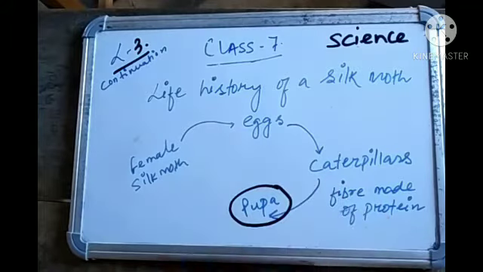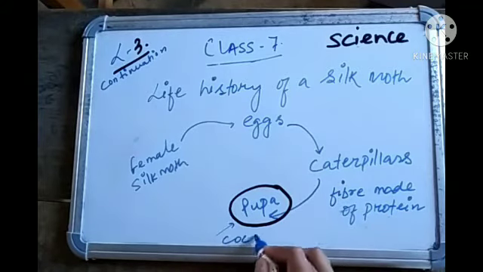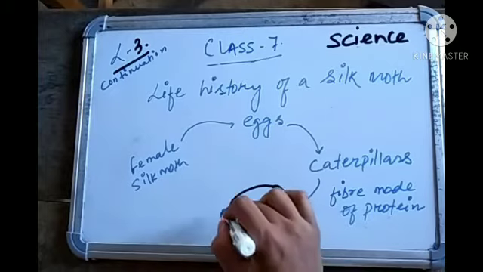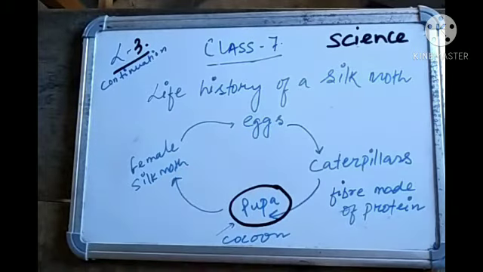This covering is called cocoon. The further development of the pupa into moth continues inside the cocoon. From this cocoon we obtain silk.